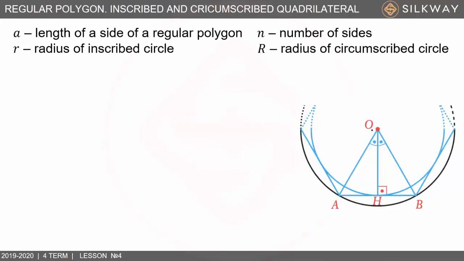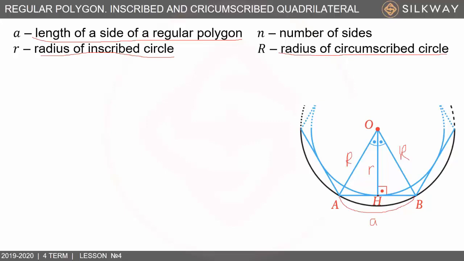Okay guys, look at this figure. Here segment AB is the length of a side of a regular polygon. And here OH will be the radius of the inscribed circle. And OA and OB will be the radius of the circumscribed circle.